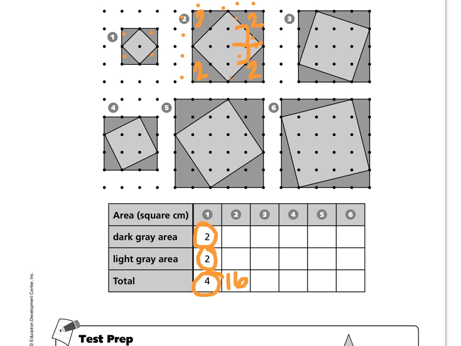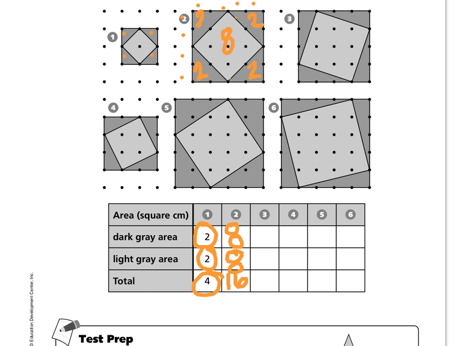So I have 4 plus 4, which equals 8. So if I know that the light gray is 8 and the dark gray is 2 plus 2 plus 2 plus 2 is 8, check your answer. 8 plus 8 is 16. Let's move on to number 3.